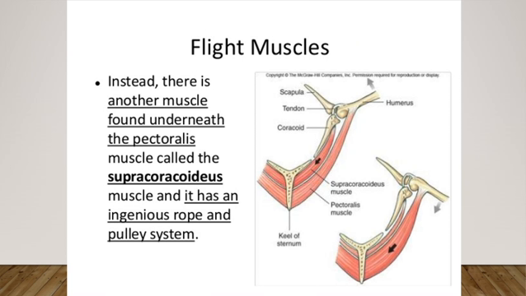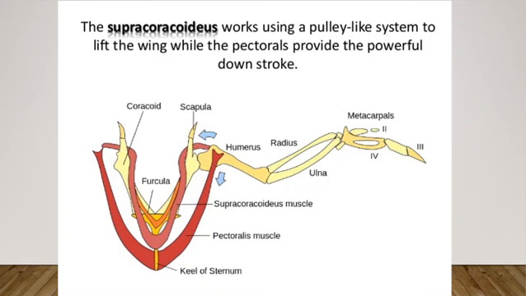Now in flight muscles, we have here the supracoracoideus muscle. This kind of muscle will serve as the pulley system of the wing. The supracoracoideus muscle works using a pulley system, like it lifts the wing up while the pectoralis muscle pulls the wing down.